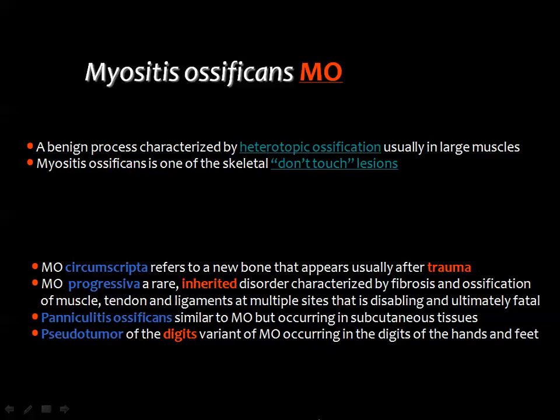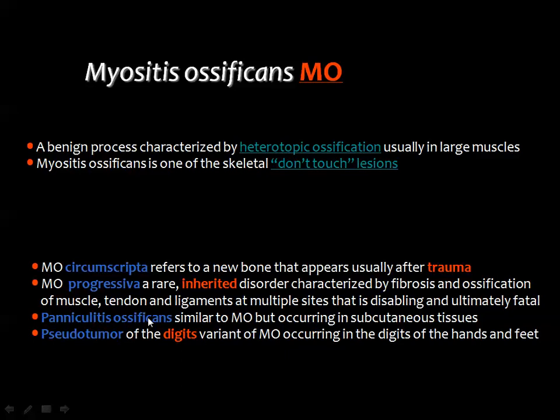But there are other types of myositis ossificans, like the myositis ossificans progressiva, which is an inherited disorder characterized by fibrosis and ossification of the muscles, tendons, and the ligaments at multiple sites without any known history of trauma.